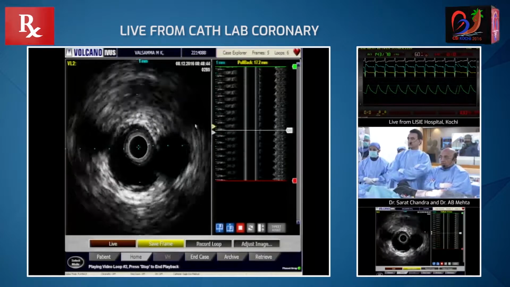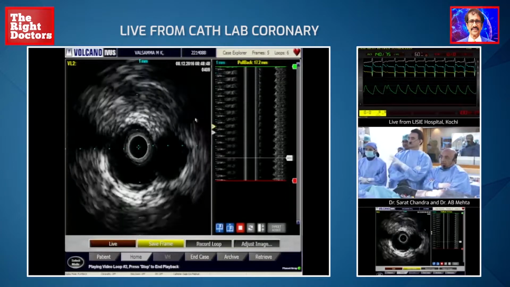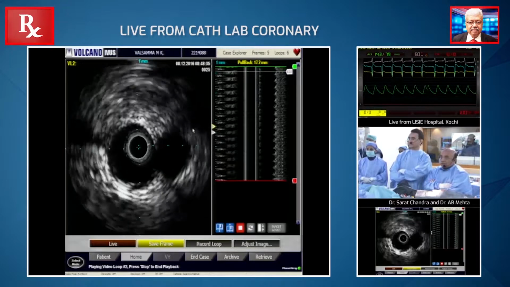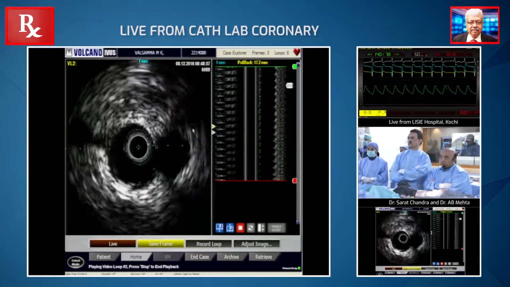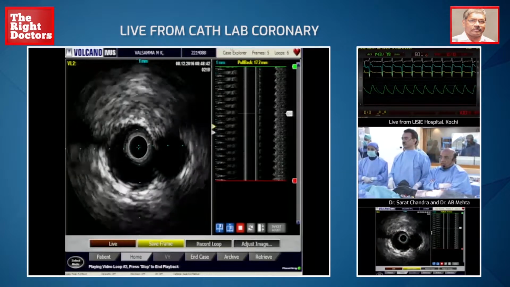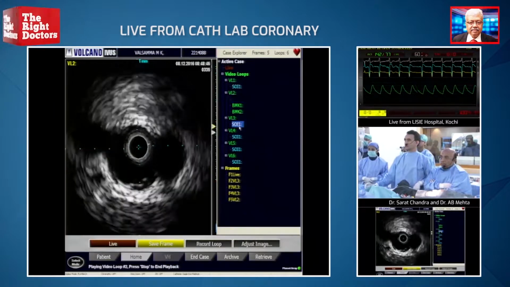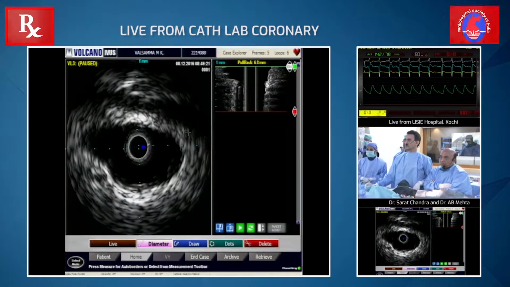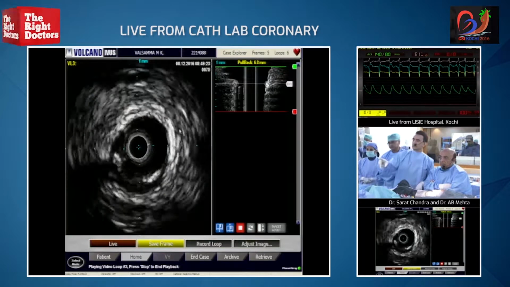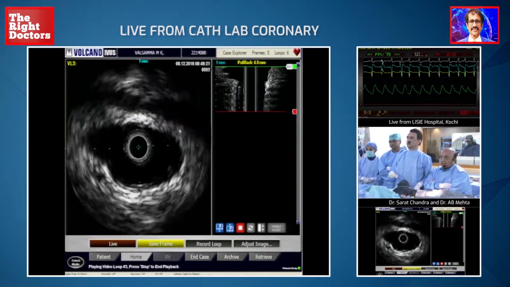The vessel size here is roughly a little above 3, maybe 3.5. Show the next one. This is the part between. There is a plaque in the proximal LAD.